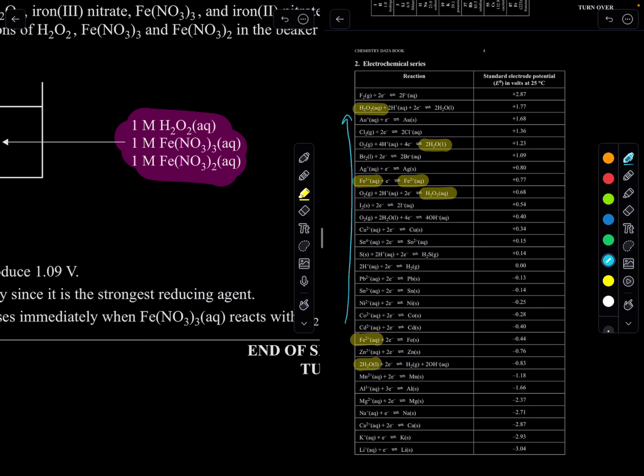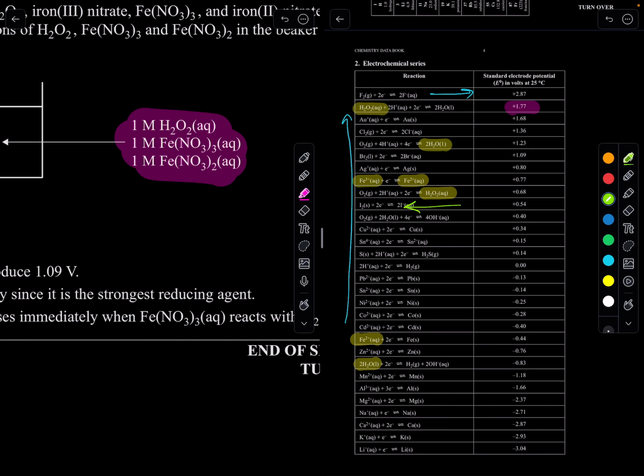Beautiful. So, which one's the strongest oxidizing agent? If you go on the left and it's the highest one on the left, it's actually this one. So this one's going to be reduced, and hence it's going to be our strongest oxidizing agent. Let me just highlight it here. Whereas the strongest reducing agent is going to be the bottom one on the right, which is this one here.